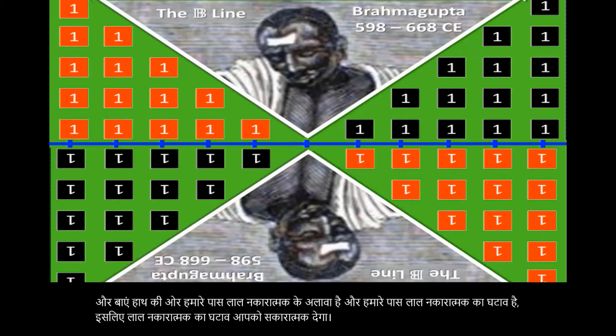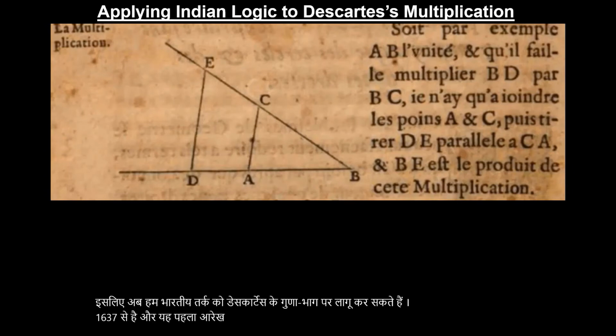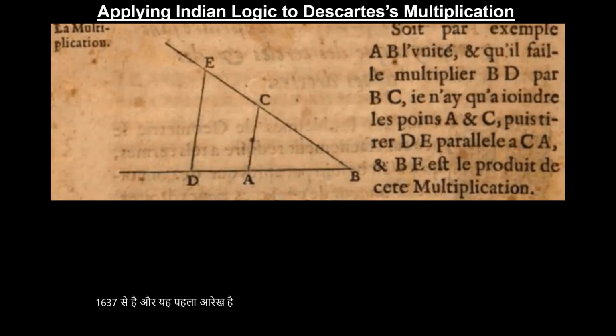So now we can apply the Indian logic to Descartes' multiplication. This diagram is from 1637, and this is the first diagram that led to the development of the Cartesian plane. And this is in French.